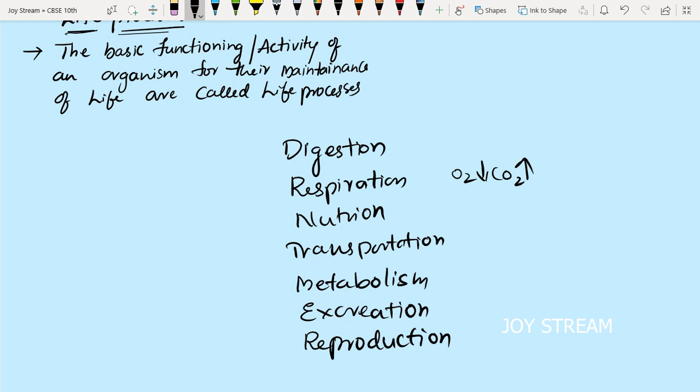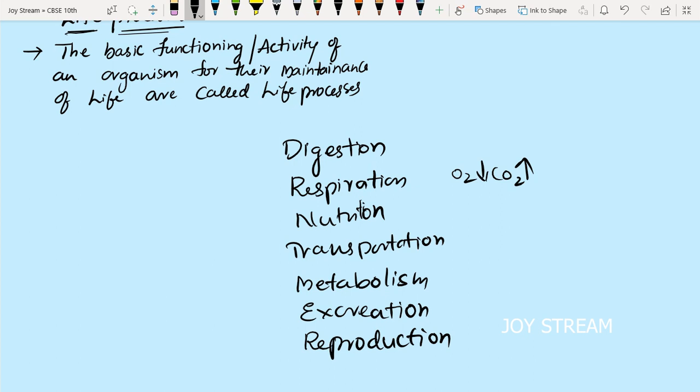So this process is called respiration. Nutrition. The absorbed food. The food which we have taken inside, when it is digested, the nutrition happens. When the complex compounds are converted into simple compounds, the nutrition happens.